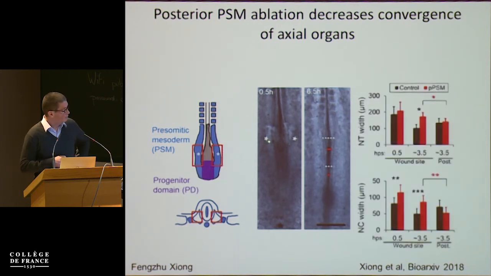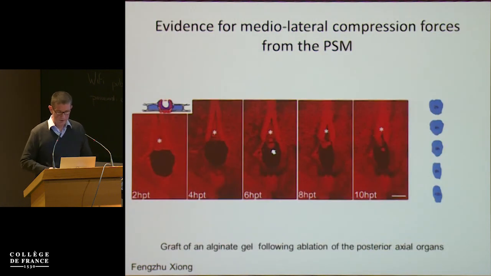And so if you measure the distance between the two sides of the neural tube in this ablated embryo, you see that compared to control, it's always higher both for the neural tube and the notochord, suggesting maybe that the paraxial mesoderm is actually not only pushing the system posteriorly, but also compressing the axial organs medially.